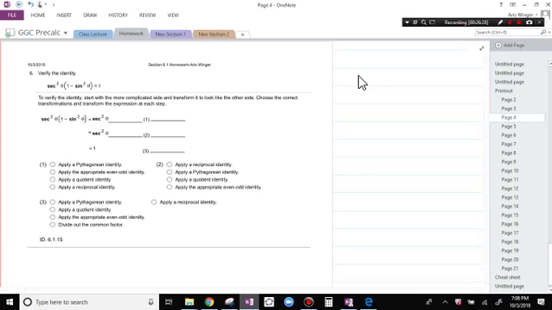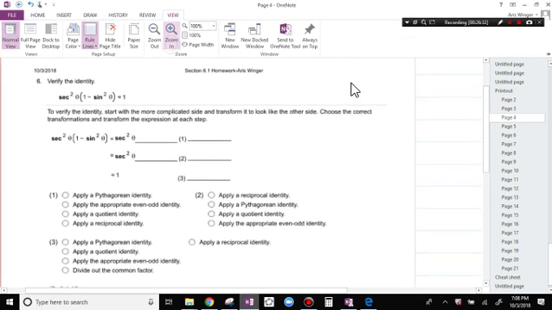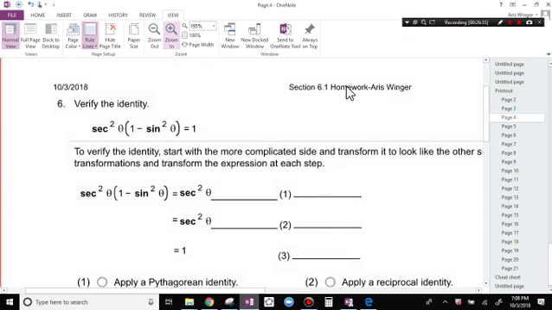Four. Let's try this one. Secant squared times 1 minus sine squared is 1. We know that 1 minus sine squared is cosine squared, right?